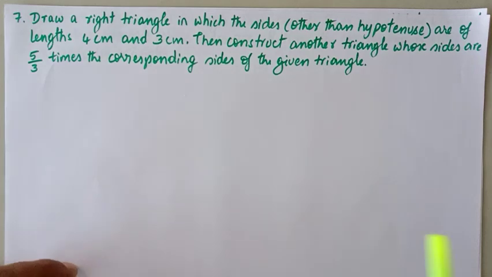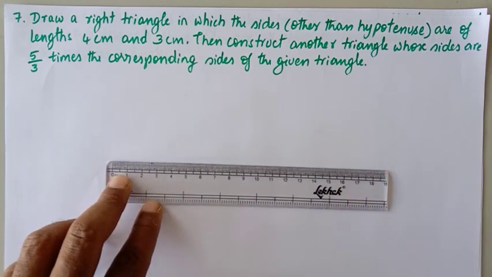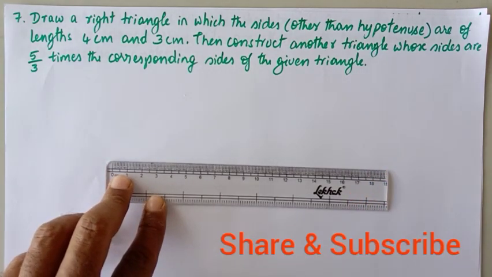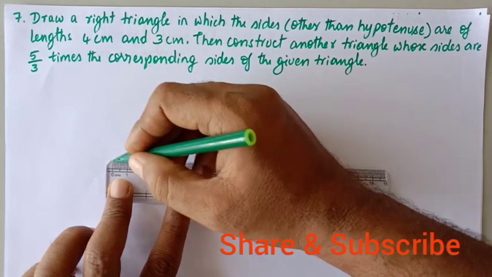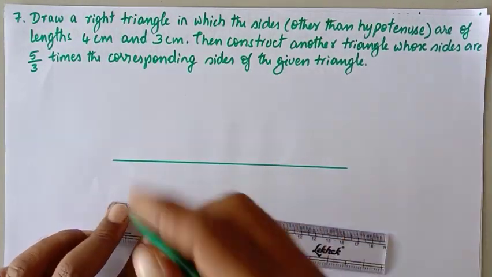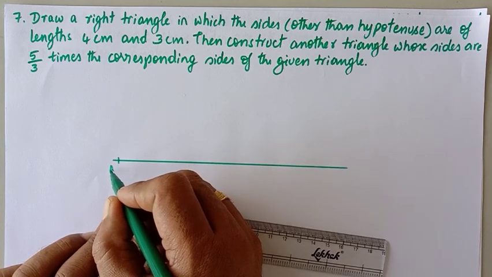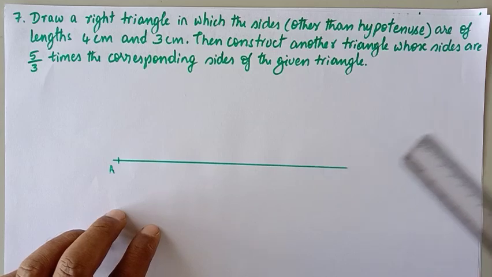So first of all, we should draw a straight line. And then we should mark a point here and name it as A. The point, let it be A.